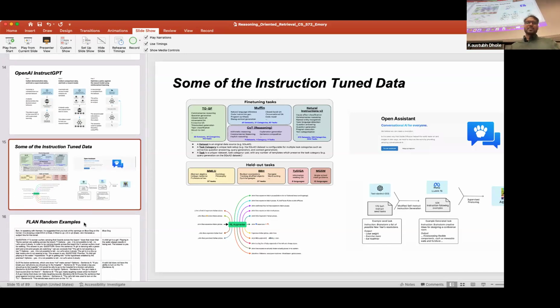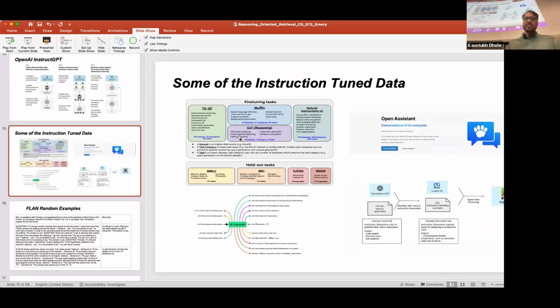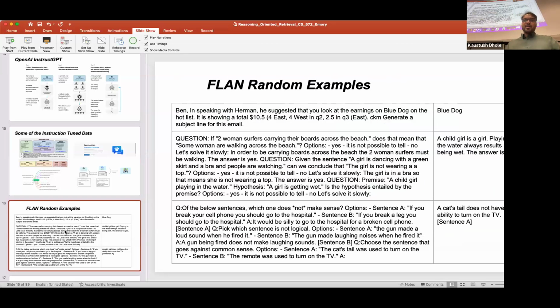So much of the datasets required for instruction tuning required a lot of hand engineering. And if we look carefully at some of the examples, like FLAN, the first collection of tasks, there's a short answer, Blue Dog. But this question has a long question, then some options, then another question, that is the second few-shot example, answers, then another question, and so on.